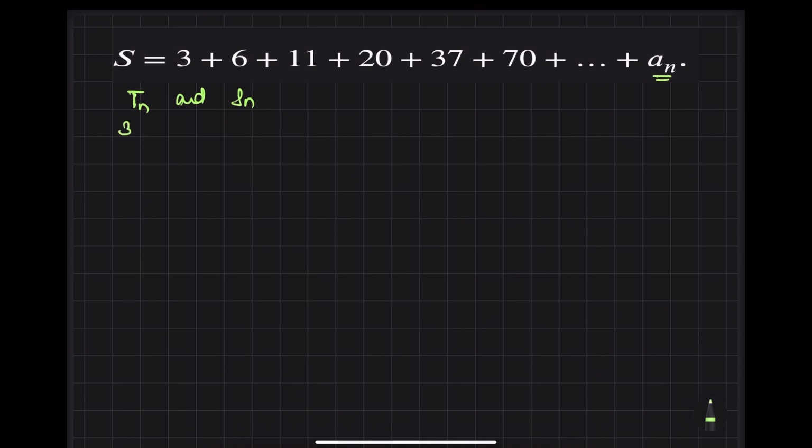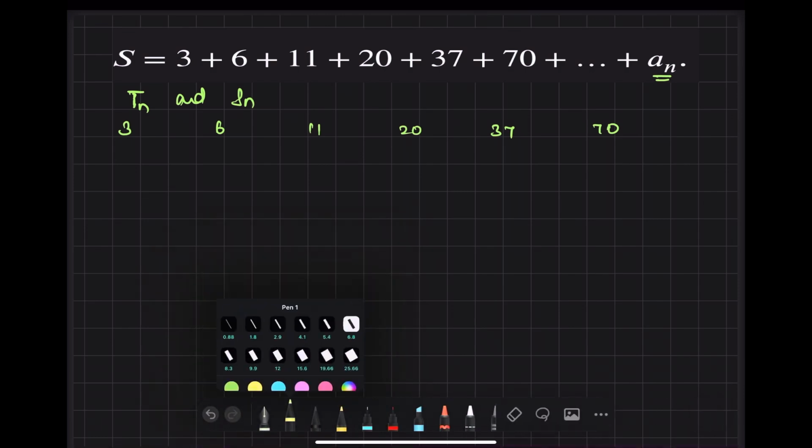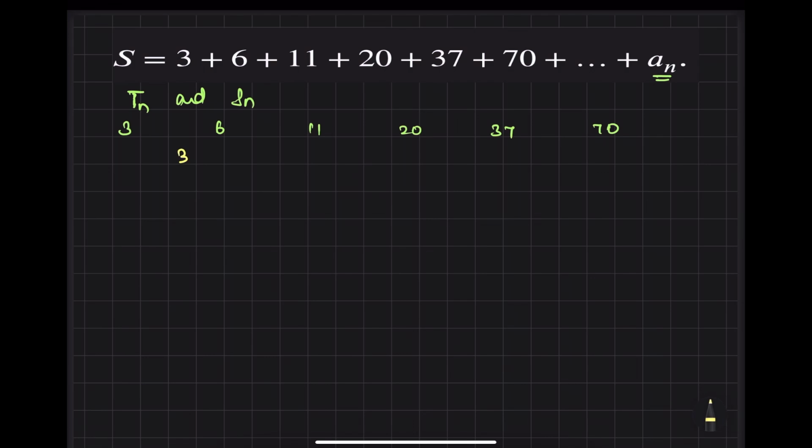So we have 3, 6, 11, 20, 37, 70. Now we find the differences. The first difference is 3, then 5, then 20 minus 11 is 9, then 17, then 33.